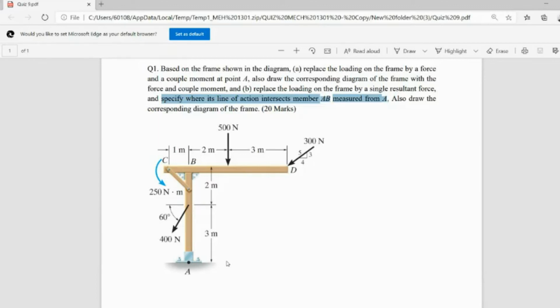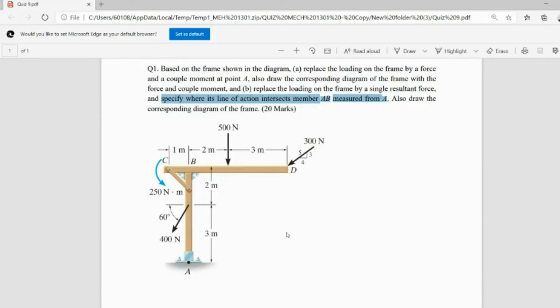You mean the distance from point A, sir? Yes, from point A. When it says measured from A, if you redraw it with a distance d and FR is somewhere along that line, what is the length of that d? That is the meaning of the question.